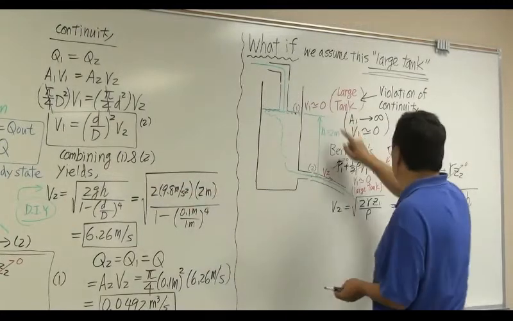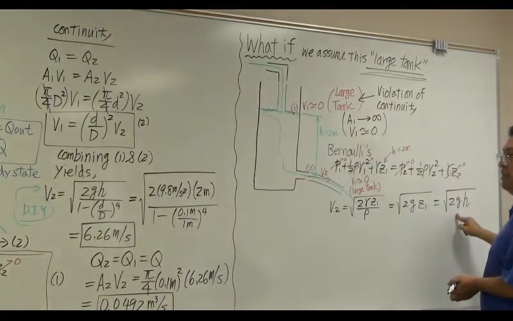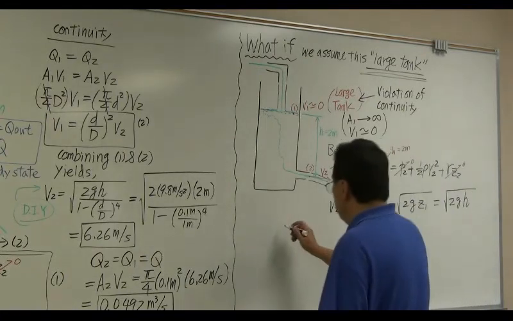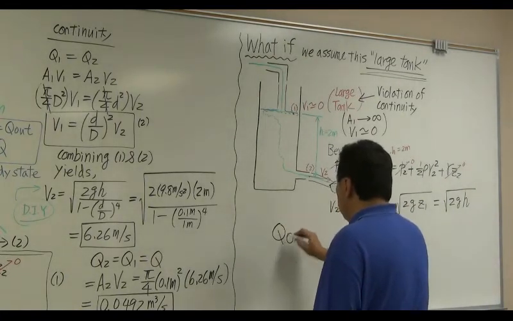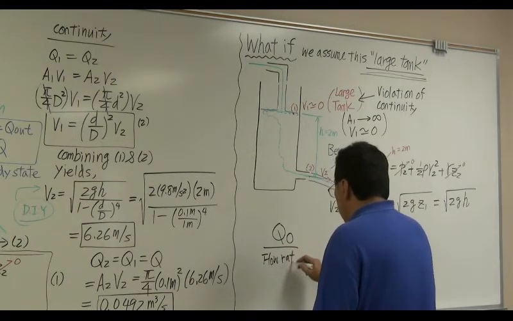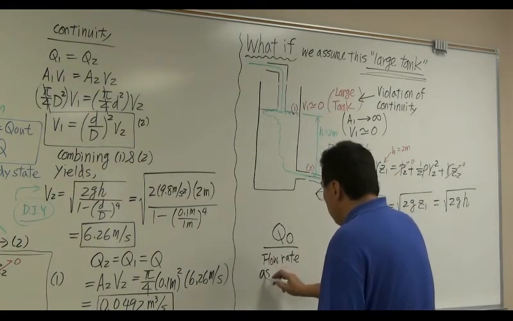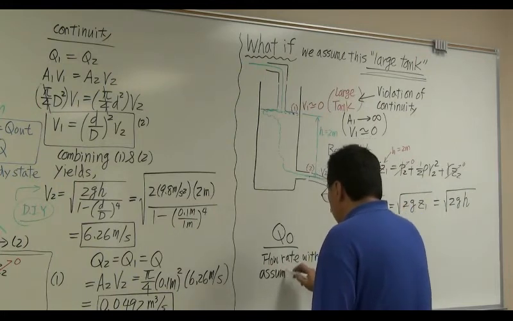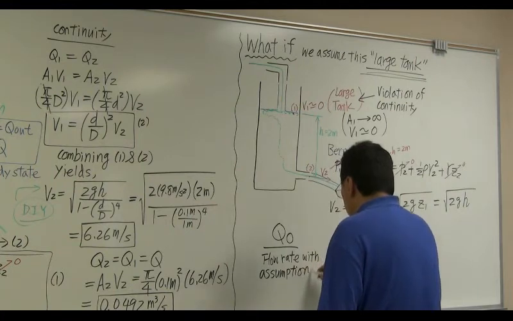But if I assume a large tank, B2 becomes the free jet velocity. Okay? So the flow rate, let's call this Q0. This is the flow rate with the assumption of a large tank.